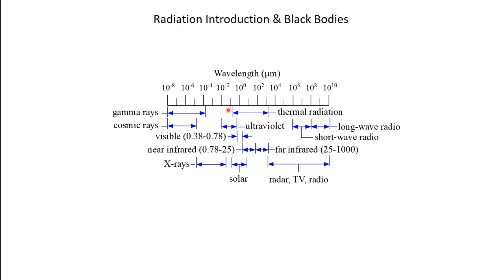So that thermal radiation for realistic temperatures goes from, let's say, maybe 0.1 micron up to a little over 1,000 microns. That's the range of the electromagnetic spectrum that we're going to be interested in. This stuff down here maybe is interesting in other classes, but this is usually not the stuff we're interested in if we're worried about how much radiation one surface is going to transmit to another.